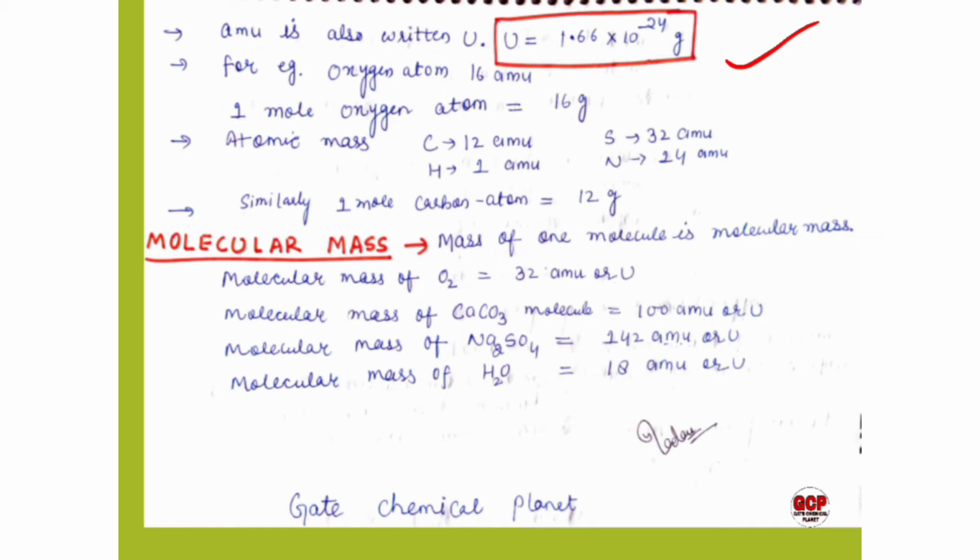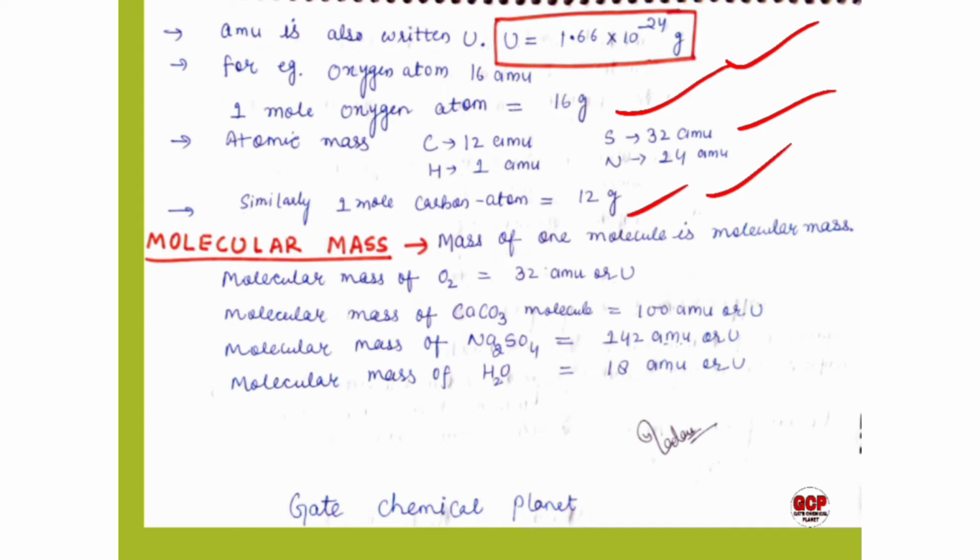Okay, 1 mole oxygen atom equals 16 grams also. And similarly, the atomic mass for carbon is 12 AMU, sulfur 32 AMU, hydrogen 1 AMU, and nitrogen 14 AMU. Similarly, we can say 1 mole carbon atom equals 12 grams.